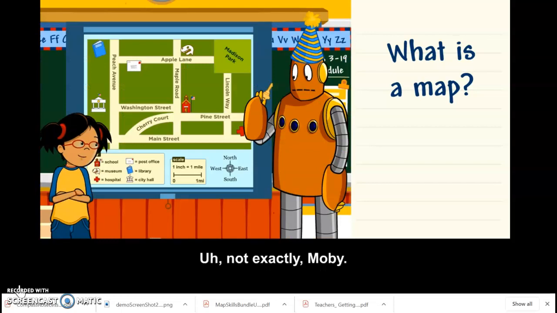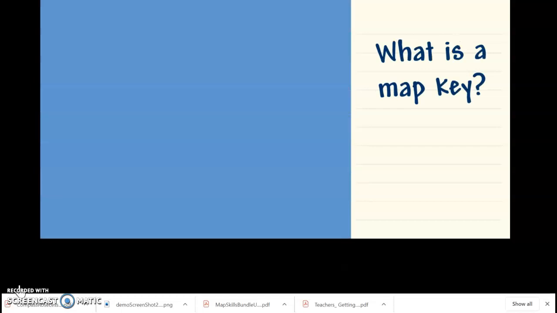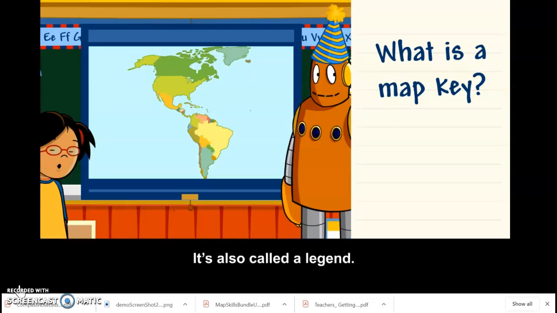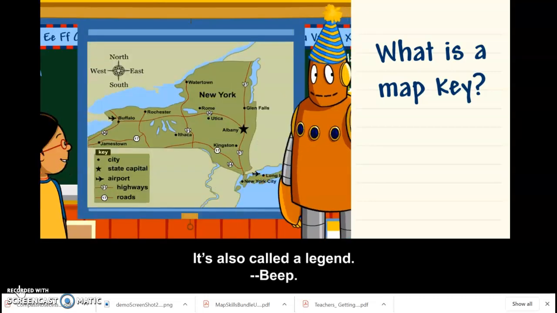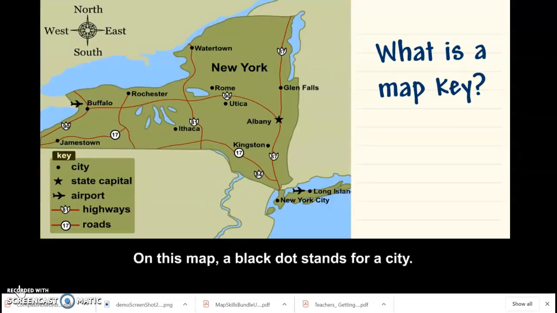Not exactly, Moby. What is a map key? A map key is a chart that explains what symbols mean on a map. It's also called a legend. This is a map of New York, and here's the map key. On this map, a black dot stands for a city. A star stands for the state capital.